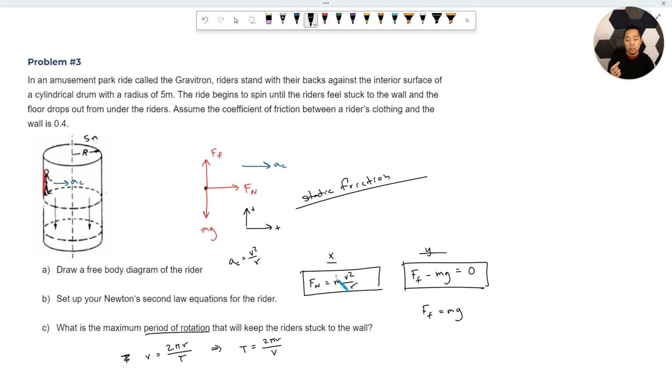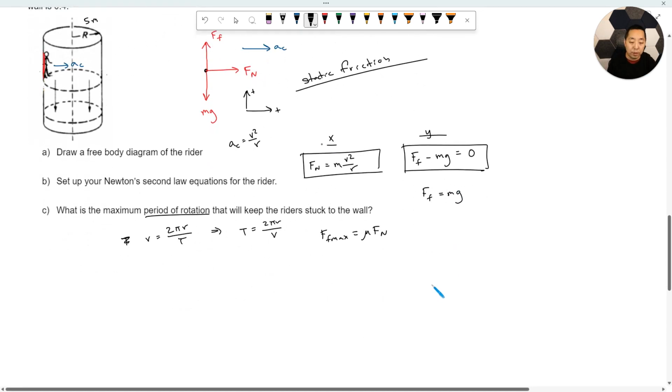So if the v is smaller, the normal force is smaller. And then the f_max equals mu F_n, so if the normal force is smaller, then the maximum static frictional force is smaller. And then mg is going to be greater than the frictional force, and then he's going to slide down.